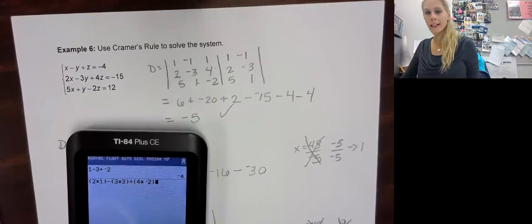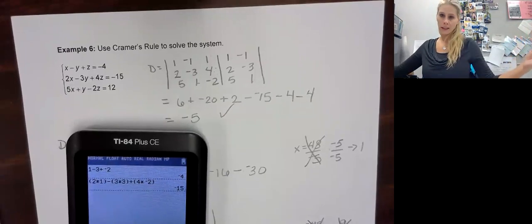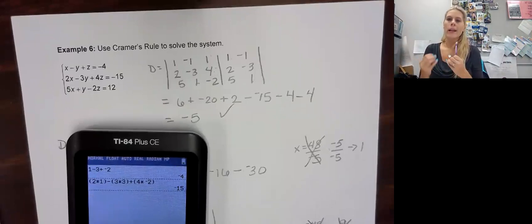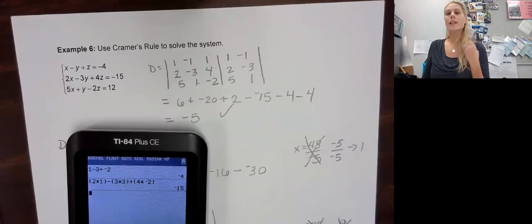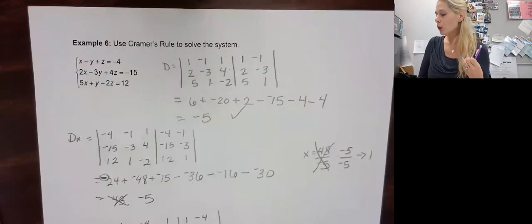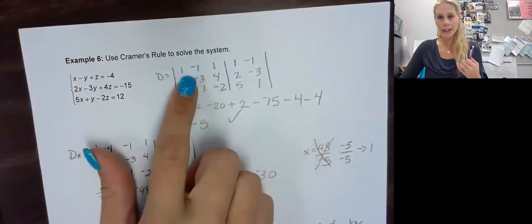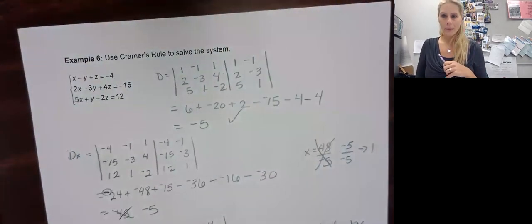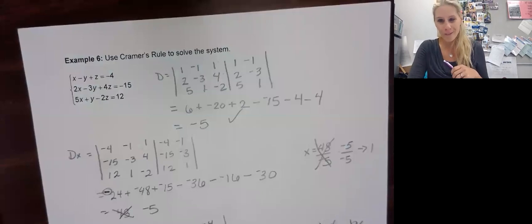Hopefully that gives me -15, and it does. So checking your work helps you go back to know if you made a mistake or not. Okay, guys? And if your question says use Cramer's rule, you're going to have to use your determinants to be able to do that. Sorry for the mistakes, guys.